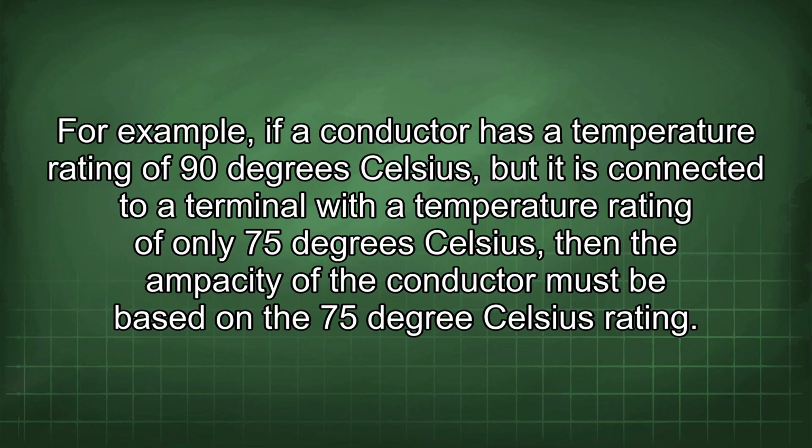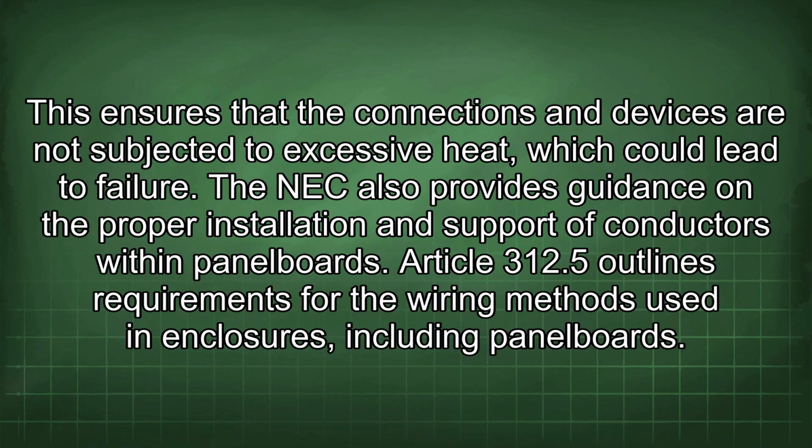For example, if a conductor has a temperature rating of 90 degrees Celsius but it is connected to a terminal with a temperature rating of only 75 degrees Celsius, then the ampacity of the conductor must be based on the 75 degrees Celsius rating.